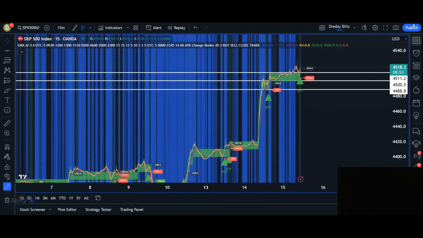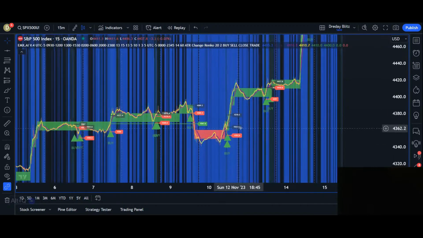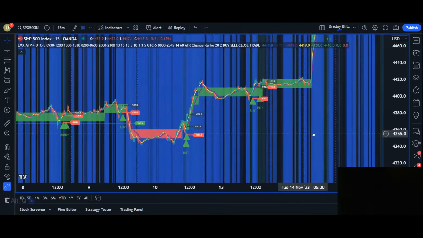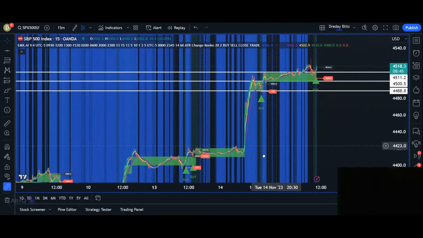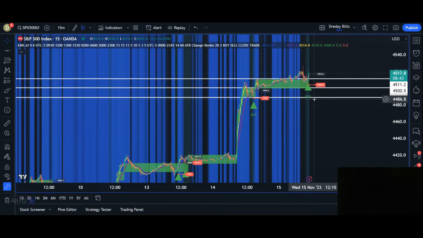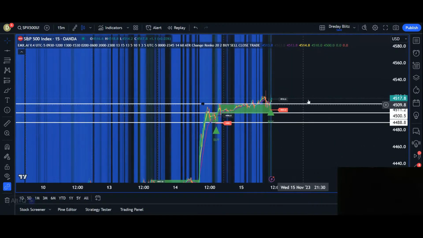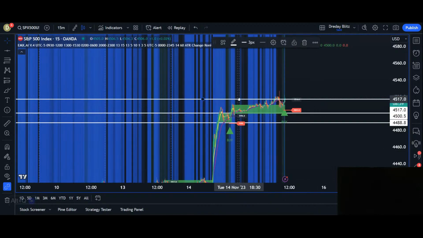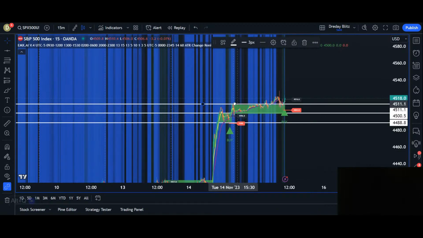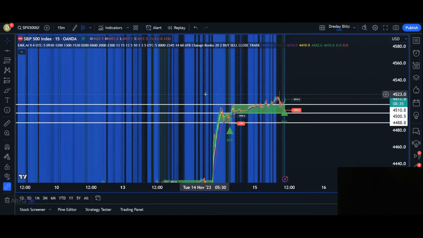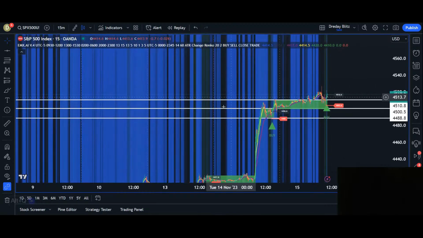So we were in buys since Friday, never reversed. So we're waiting for a reversal trend change to confirm where it's going.